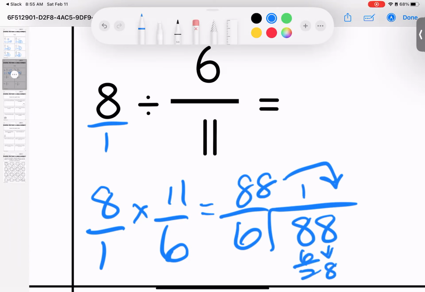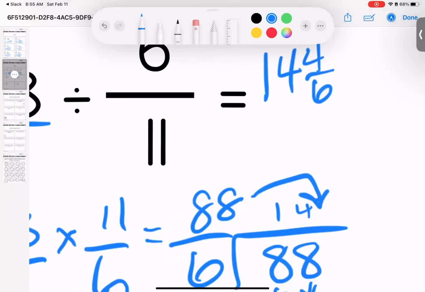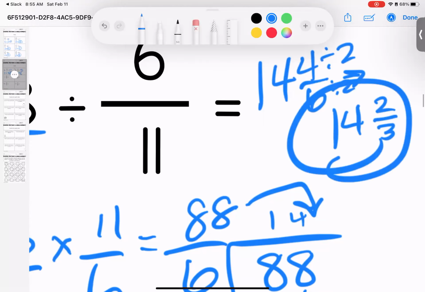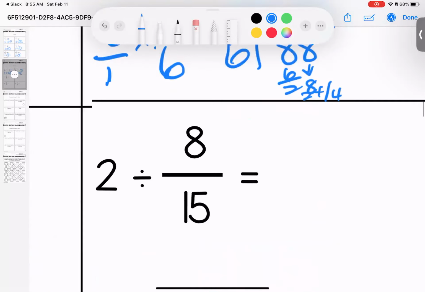Bring down the 8. 6 times 4 is 24. Leaves us with 4. So we can say that this is the same as 14 and 4/6. And if we're really stretching, we can simplify that even further because I can take both of these and cut them in half. 2/3. 14 and 2/3.